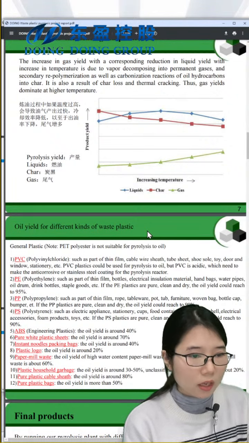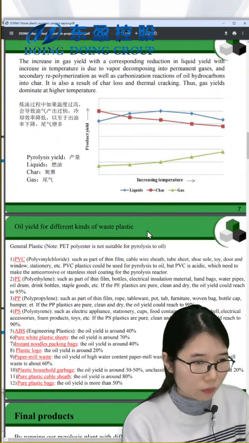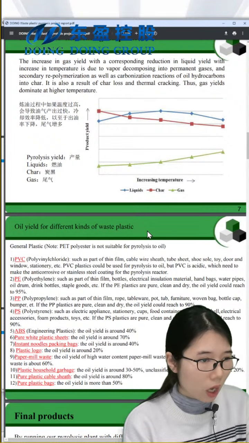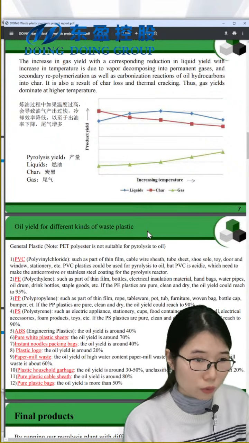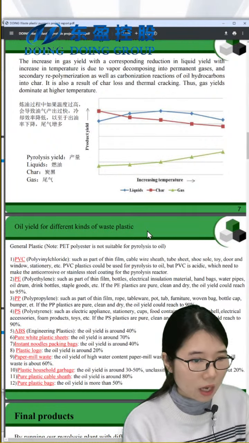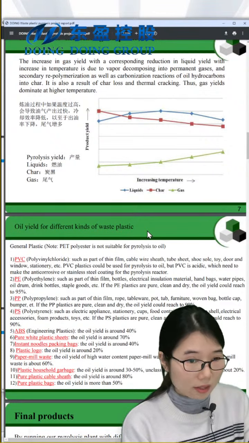But what I need to say is that PVC and PET are not suitable for pyrolysis oil, because PET does not contain oil. If you process the PET, maybe you cannot get oil, then there's no profit in doing this project. And if you process the PVC, it may produce acid.